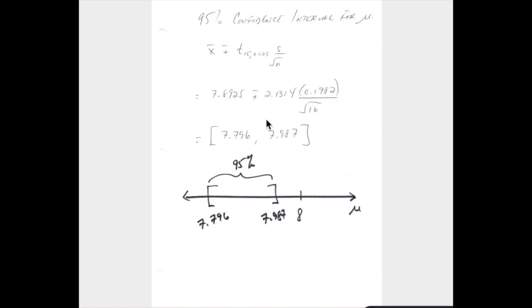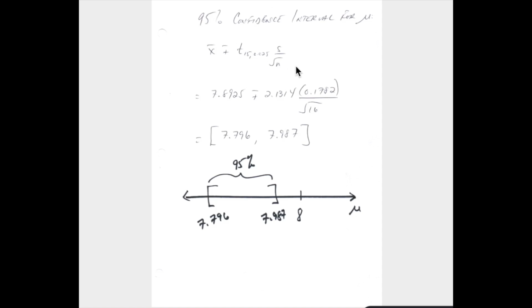And so we would get endpoints, a lower endpoint of 7.796 and an upper endpoint of 7.987. And so we would say that we are 95% confident that the true average weight of peanuts being dispensed, which is mu, is somewhere between 7.796 ounces and 7.987 ounces. Now, a couple things to point out.